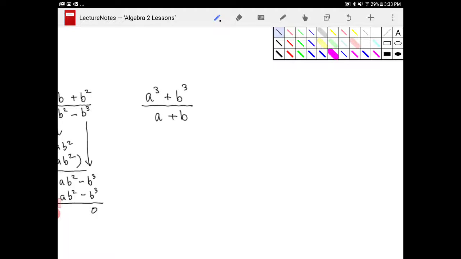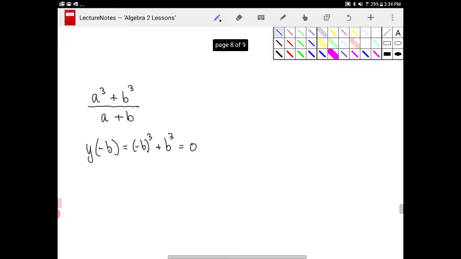And why is that? Well, that's because if I replace a with negative b, I'll end up with negative b cubed plus b cubed. Is that going to equal 0? That indeed will equal 0. I will, in fact, have a remainder of 0. So a plus b is, in fact, a common factor.